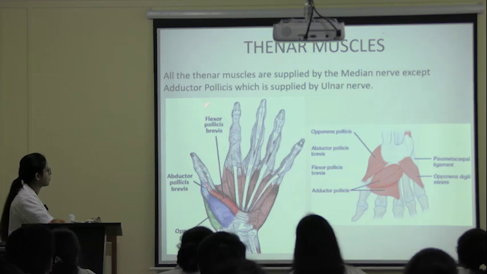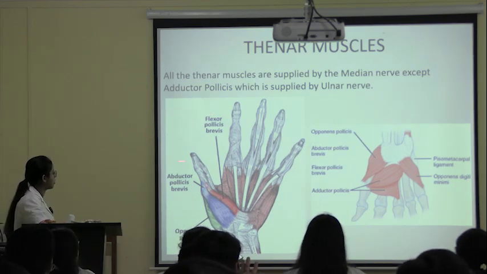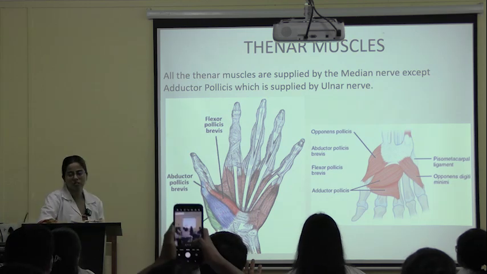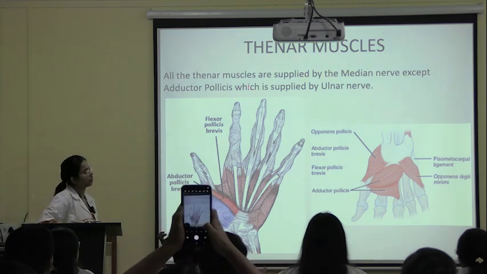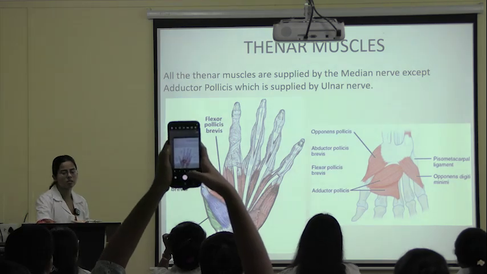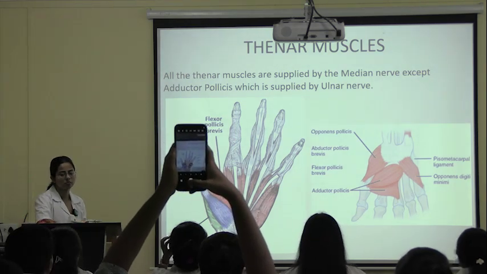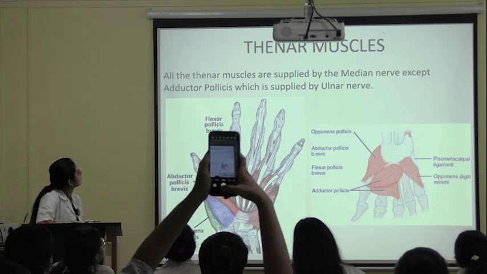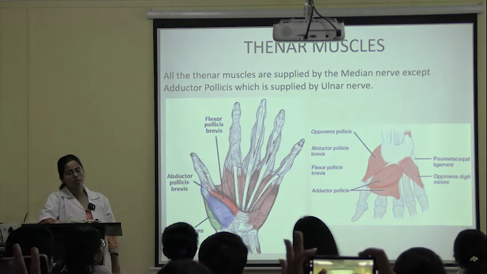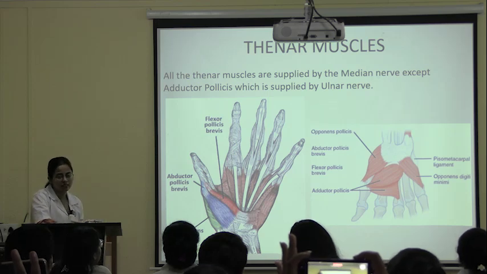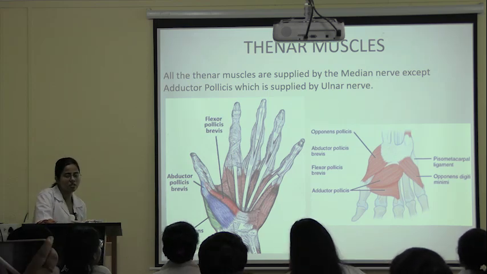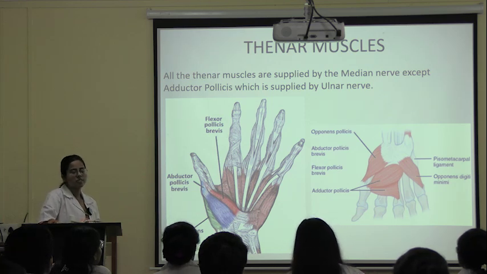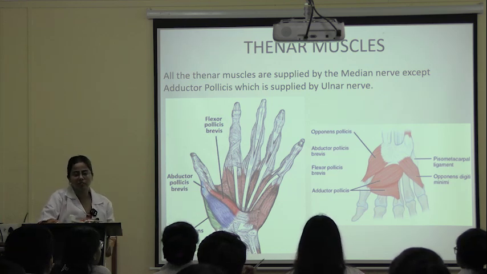These are the muscles of the thenar eminence, or the thenar muscles. All the thenar muscles will be supplied by the median nerve, except adductor pollicis, which will be supplied by the ulnar nerve. You have seen the median nerve and ulnar nerve in your dissection hall.